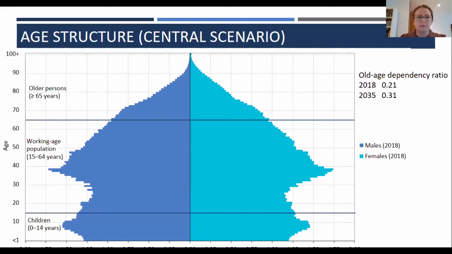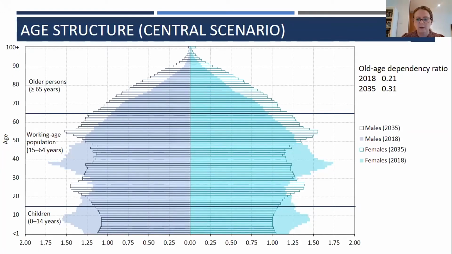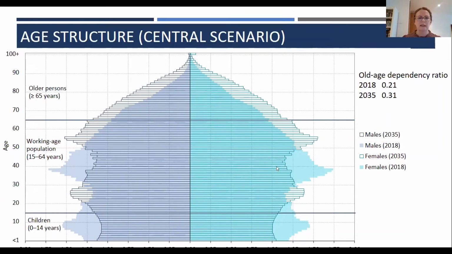So when we apply the assumptions from the previous slide and look at the age structure in 2035, these are the unshaded bars, we can readily see the aging of the population.